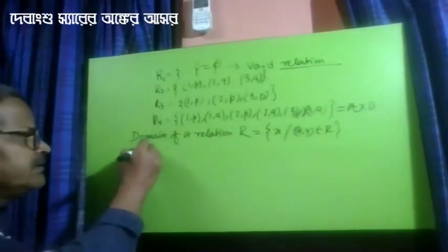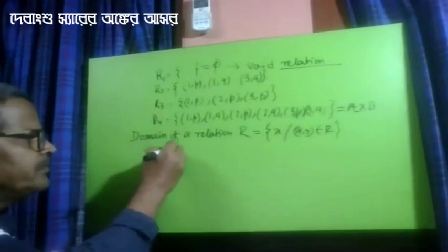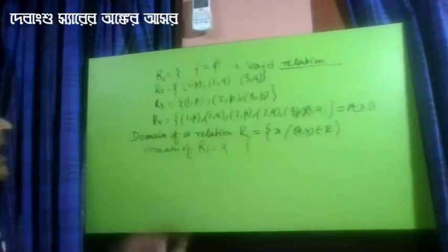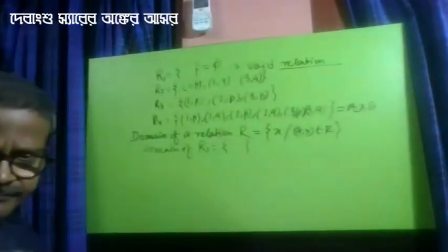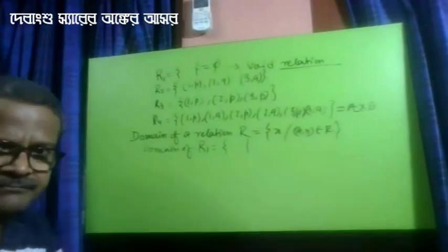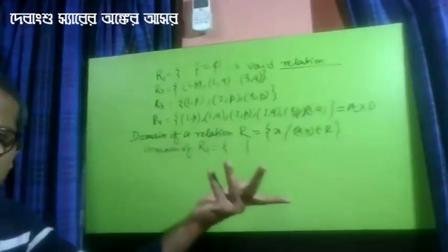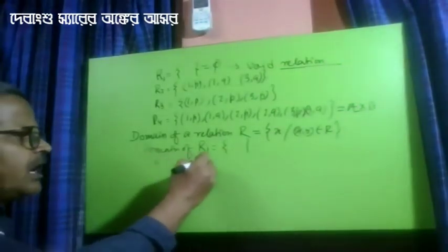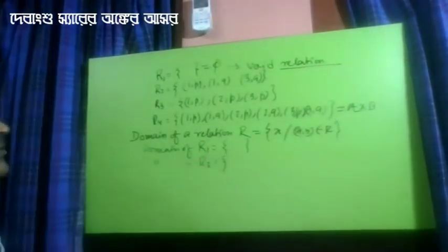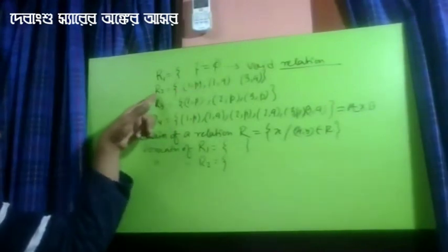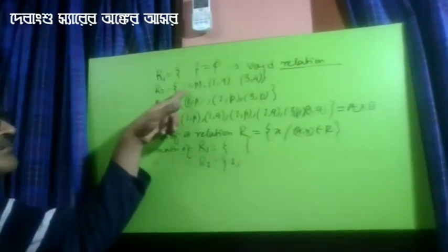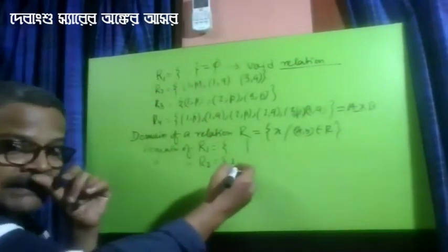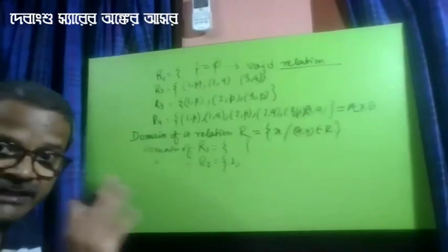For example, domain of R1. Now see, R1 has no element. So no ordered pair. So no X. So null set. Domain of R2. Now see, 1p is in R2. So 1 will be there. 1q is in R2. So 1 will be there. We won't write 1 twice.